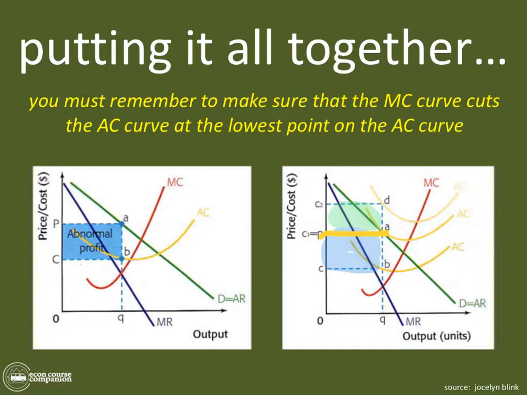And you say, okay, that's cool, I can do that. I'm going to take my quantity and extend it up. Maybe you don't have to do it that far. And then you draw your average cost curve so its low point is at marginal cost and goes up here.